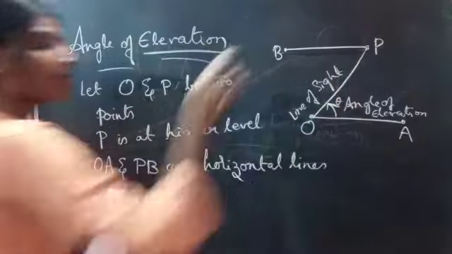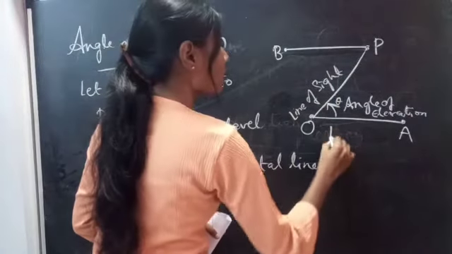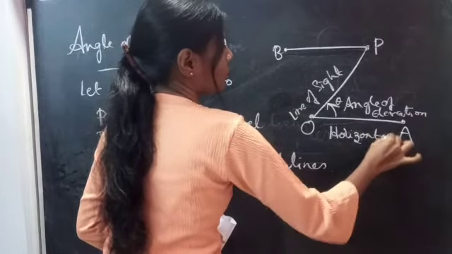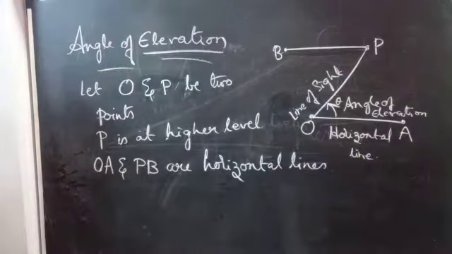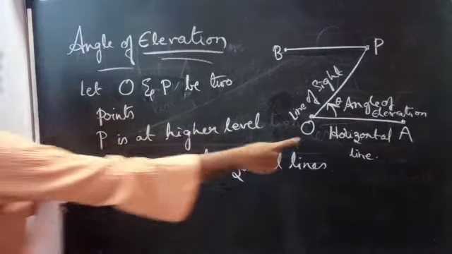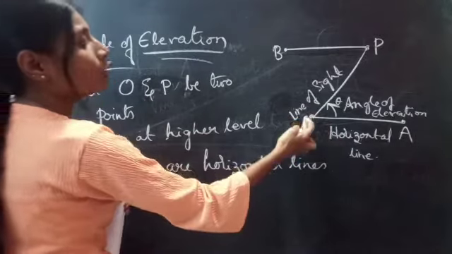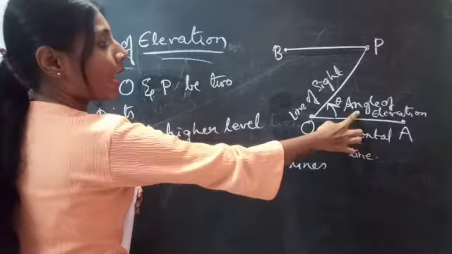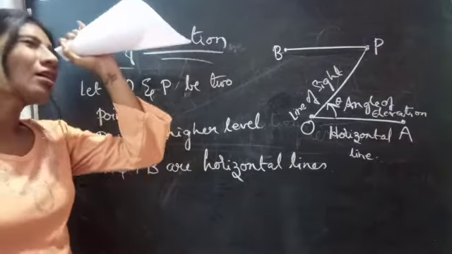Here OA is called the horizontal line. So the angle between horizontal line OA and line of sight OP is called angle of elevation. That is watching something in the sky.